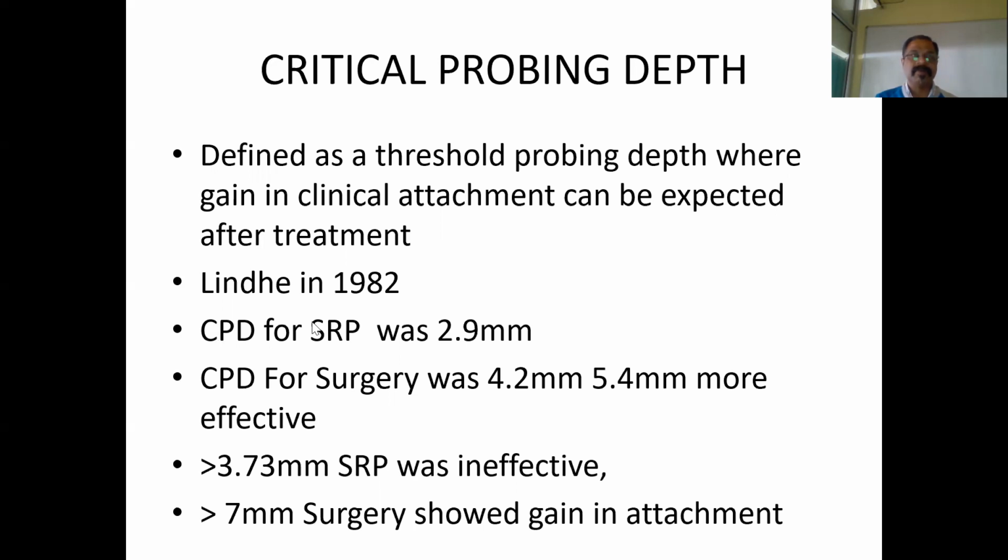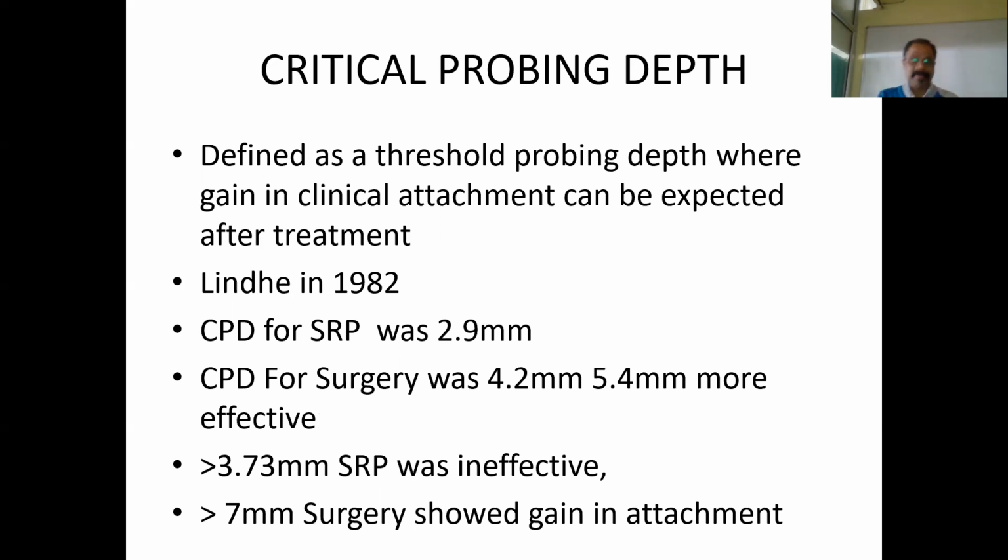Critical probing depth for SRP, that is subgingival scaling and root planing, according to his study, is 2.9 mm, right? That means if you do subgingival scaling and root planing for a pocket depth more than 2.9 mm, you have an attachment gain. Are you getting it? So if you do scaling and root planing for a pocket depth less than 2.9 mm, that means you're going to induce attachment loss.